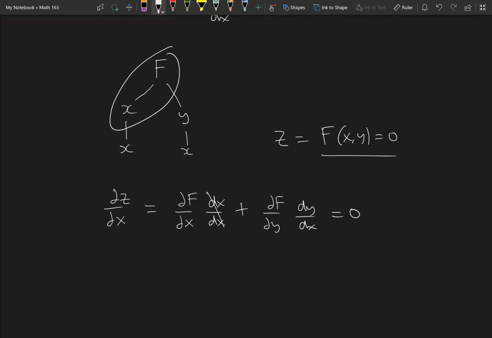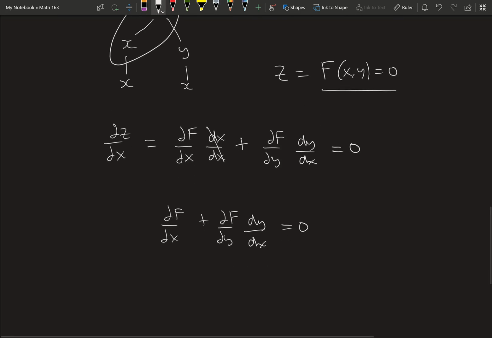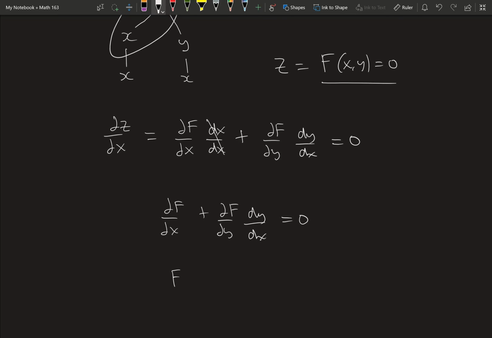So essentially we have del f del x plus del f del y times dy dx is equal to 0, or just to make the notation a bit compact, we have f sub x plus f sub y dy dx is equal to 0.